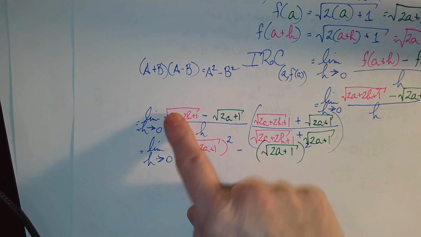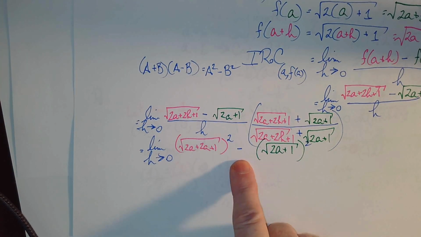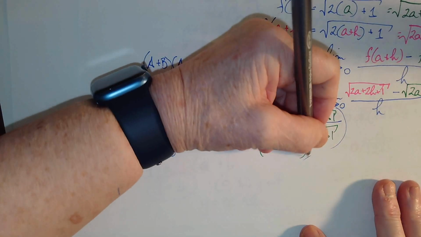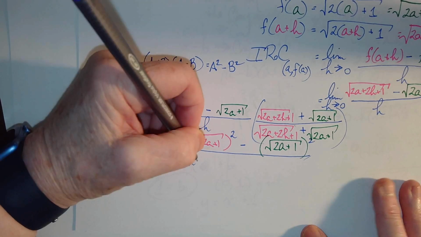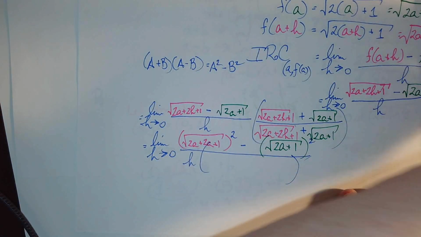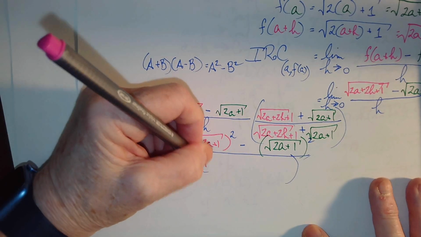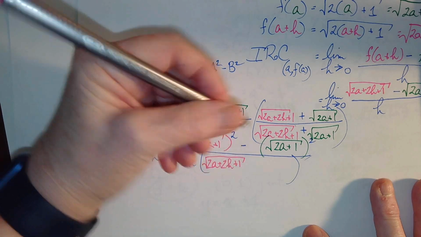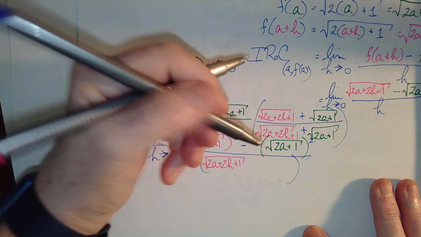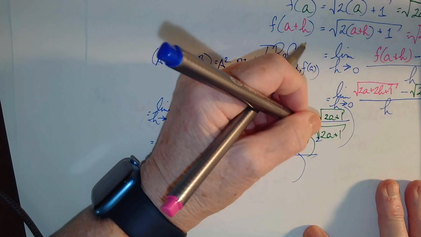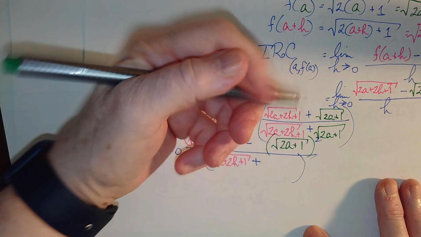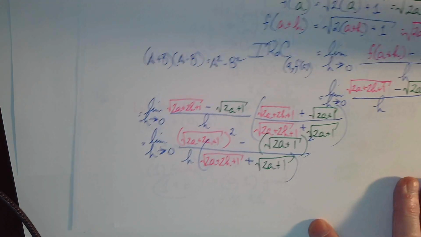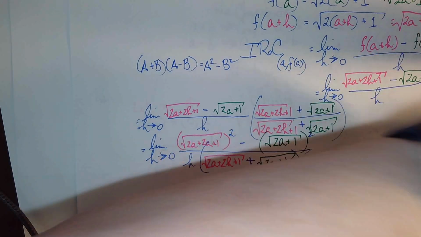So we squared the first term, minus sign, squared the second term, and then divide this whole thing by h times the sum of the two terms. The square root of 2a plus 2h plus 1 plus, because of the plus sign, the square root of 2a plus 1. Beautiful.